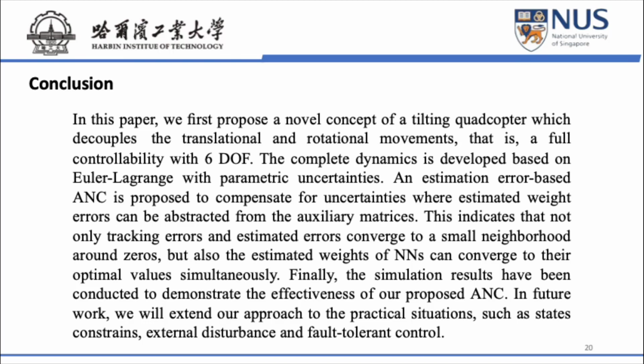An estimation error-based adaptive neural control is further proposed to compensate for the uncertainties, where the estimated weight errors can be extracted from the auxiliary matrix. This indicates that not only the tracking errors, but also the estimation errors can converge to a small neighborhood around zero. Moreover, the estimated weights of neural networks can converge to their optimal values simultaneously.